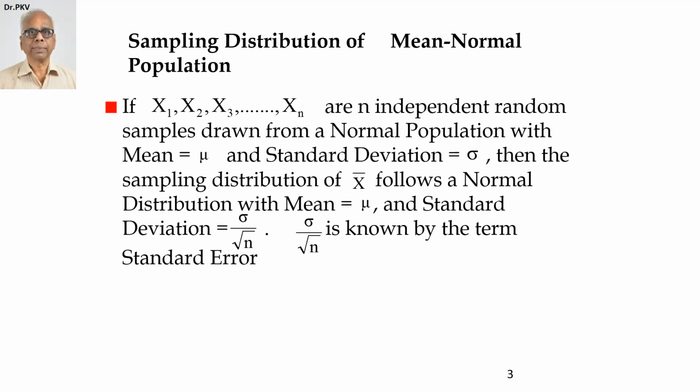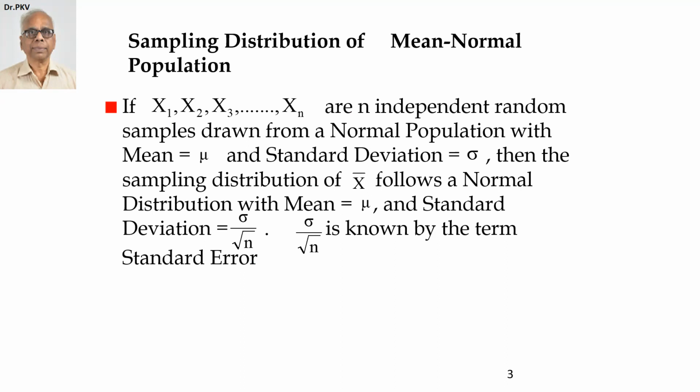If X1, X2, X3, etc., Xn are n independent random samples drawn from a normal population with mean mu and standard deviation sigma, then the sampling distribution of X bar follows a normal distribution with mean same as the original population mean mu, and the standard deviation sigma by root n. Let me repeat this. We are making the assumption the original population is normally distributed.